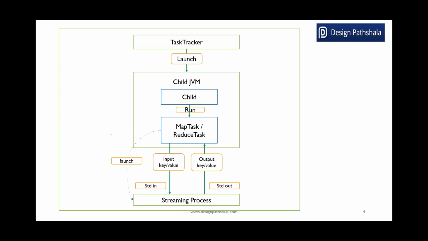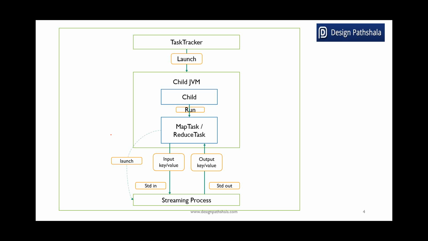So this is a little change over what we have discussed till now. If you look into the Hadoop 1.x pattern, we had something called task tracker and job tracker. Your mapper or reducer code was initiated as a separate JVM process inside your data nodes. Then your streaming process will also be initiated in the same data node, and your mapper or reducer would be talking to the streaming process on the standard input and output.